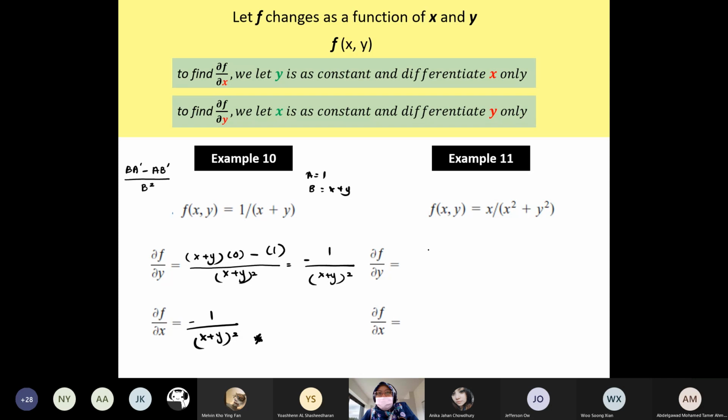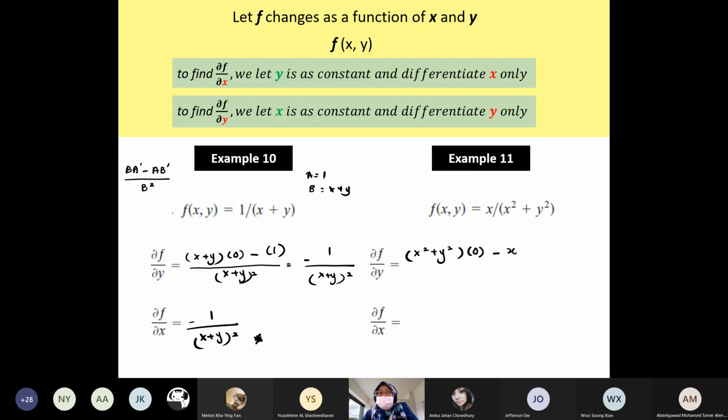So this one, x squared plus y squared multiplied by x differentiate with respect to y, so 0.